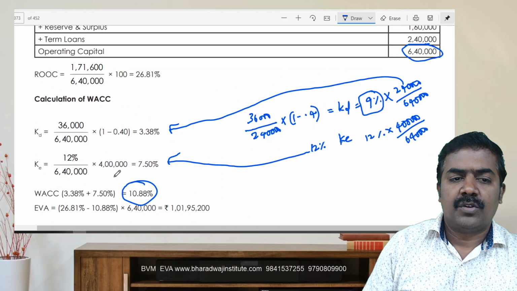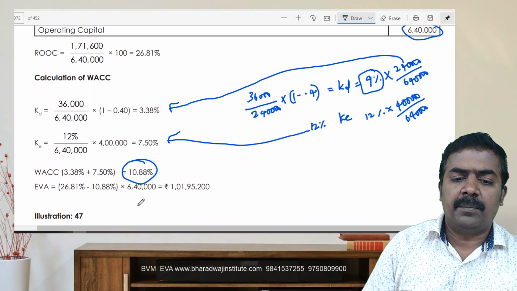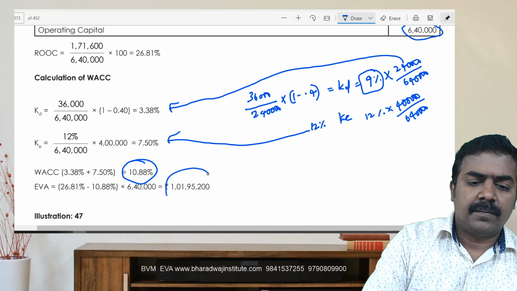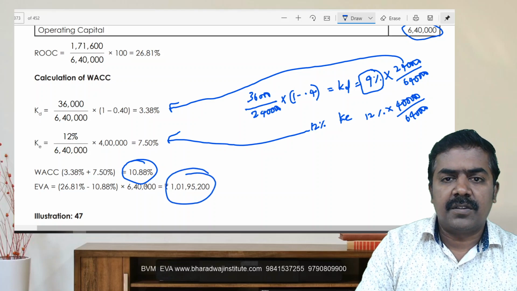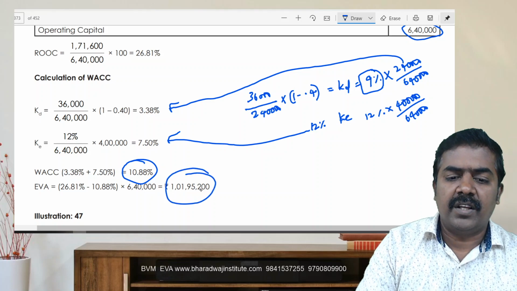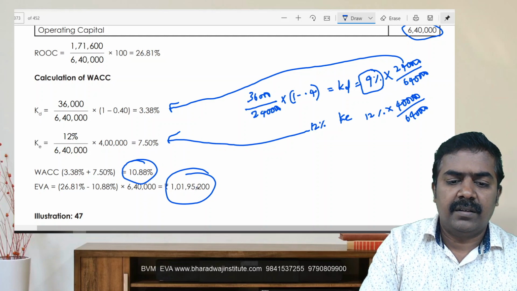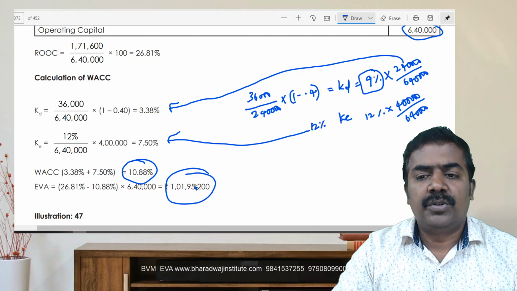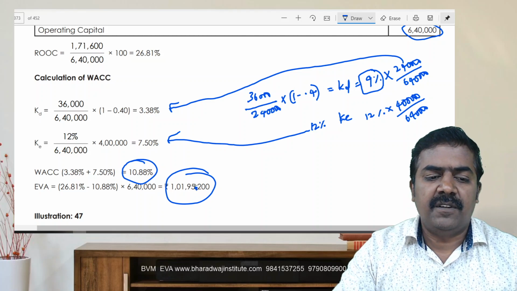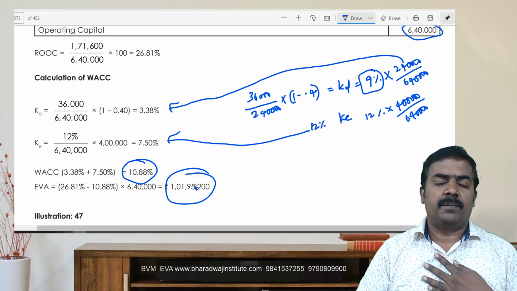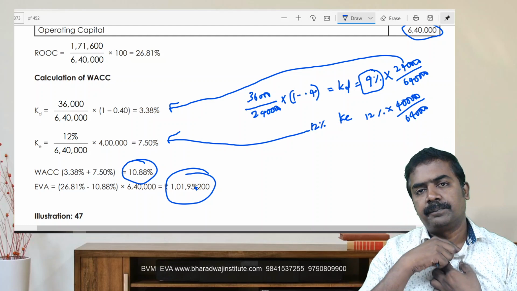So ROCE minus weighted average cost of capital into the capital employed gives us EVA. I hope there is a rounding error. That's a positive EVA because you are getting a positive yield.